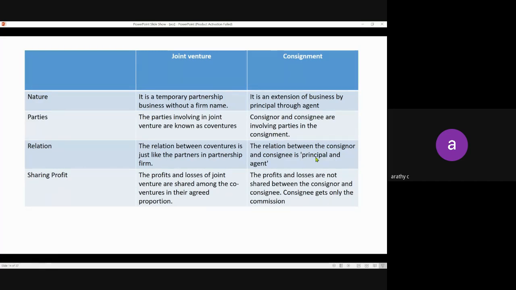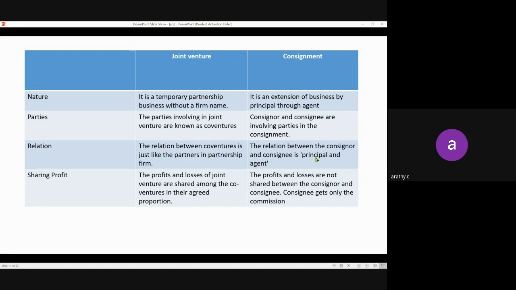The parties involved in joint ventures are known as co-ventures, but in consignment they are the consignor and consignee. The relation between the co-venturers is just like partners in a partnership, but in consignment the relationship between the consignor and consignee is like principal and agent.